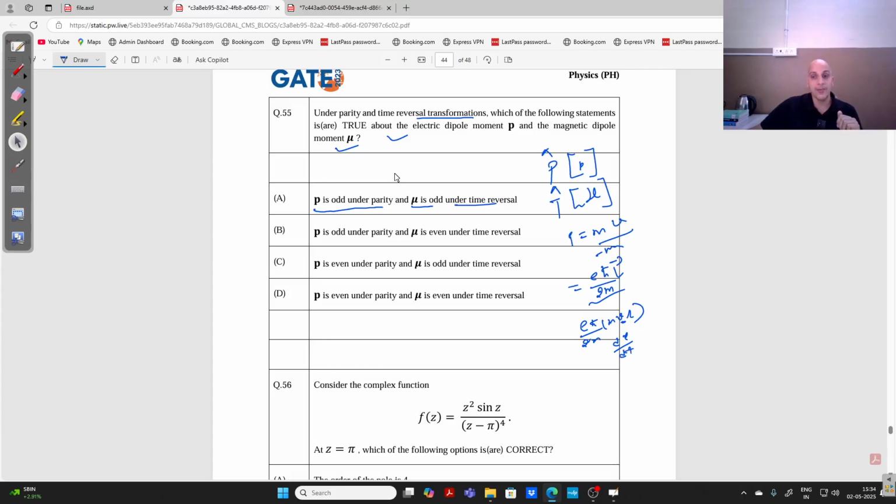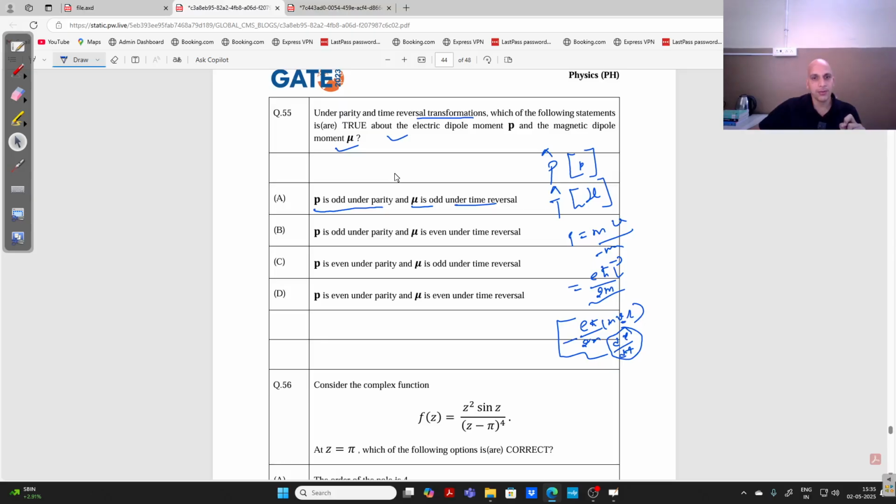So when I take time reversal, it will change its sign. It means that the magnetic dipole moment will also change its sign under time reversal, because you can see here dx upon dt: T is negative, it will be taken outside, and it will change the sign of the magnetic dipole moment. So both the linear momentum and the magnetic dipole moment are odd.